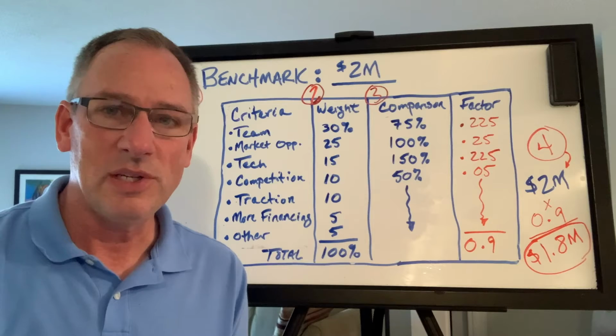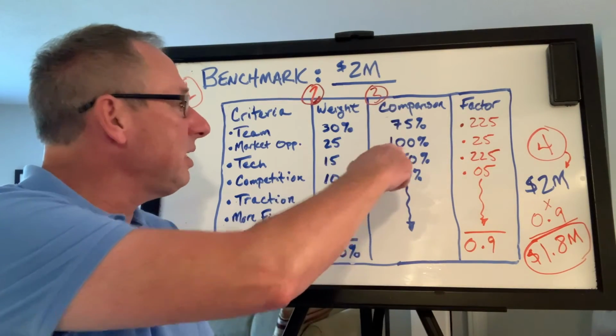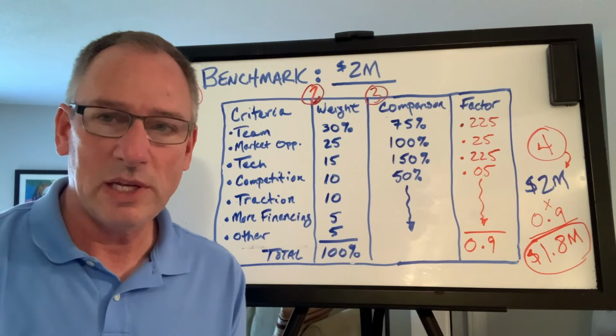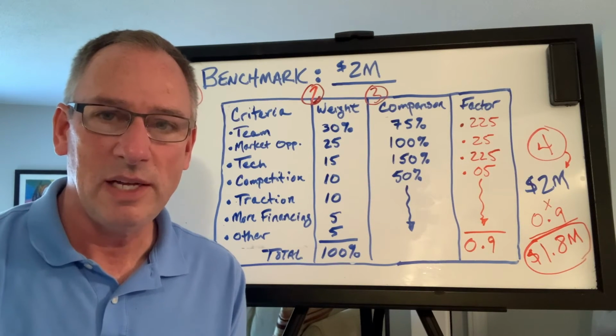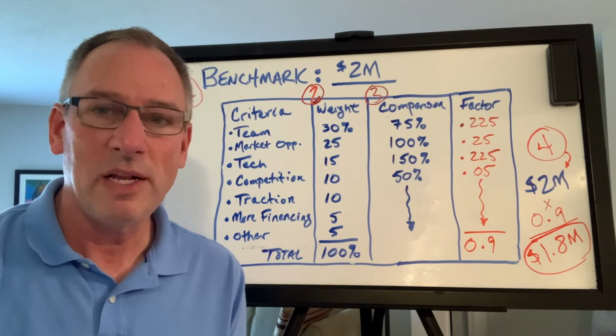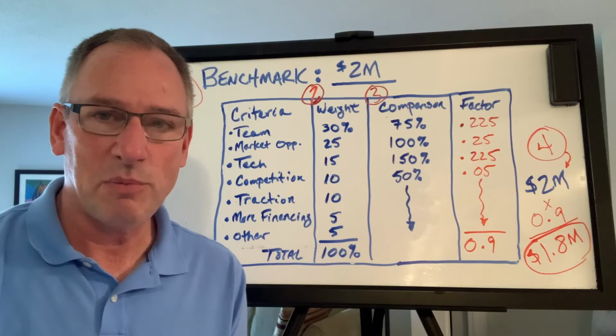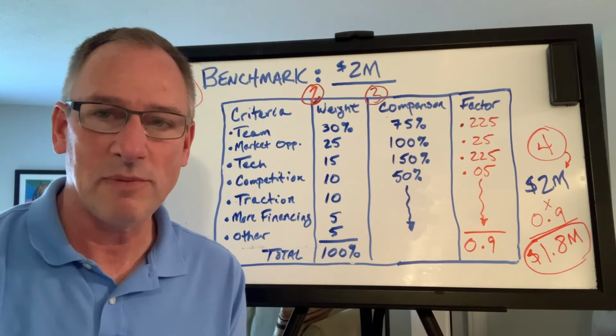The next column, or the next step, is step number 3, and basically that's looking at your company and comparing it to another similar one in the area. What investors will do, and what you can do for yourself, is look at that comparison company and say, okay, let's look at the management team, for example.